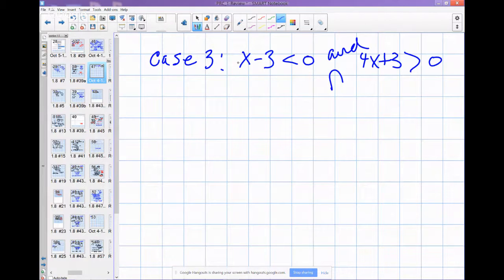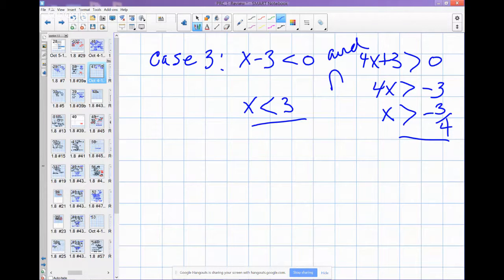So in case 3, x is less than 3, and 4x plus 3, I'm sorry, let me try that again. What I want to do is solve this. So once again, I would subtract 3 from both sides, and then I would divide both sides by 4. Okay, now the question is, what's compatible between these? And it's greater than negative 3/4.